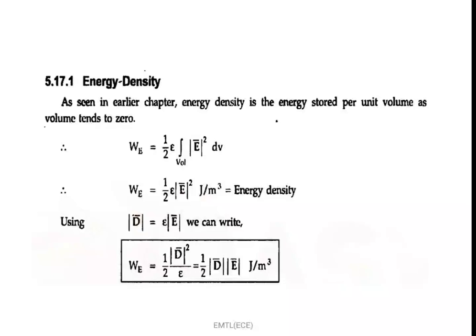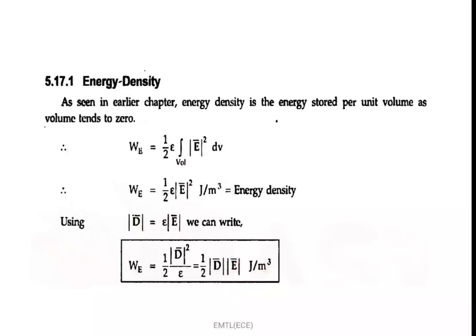Now this expression we have to change in terms of D and E also. We know the relation between D and E, that is mod of D bar is equal to epsilon E bar. Now substitute epsilon E bar as D bar, but still there is one E bar value.